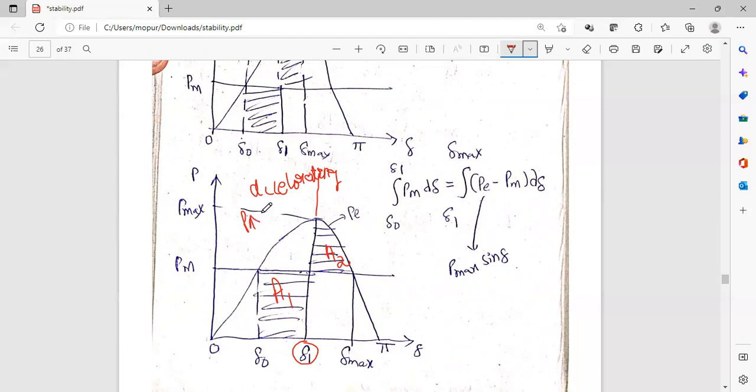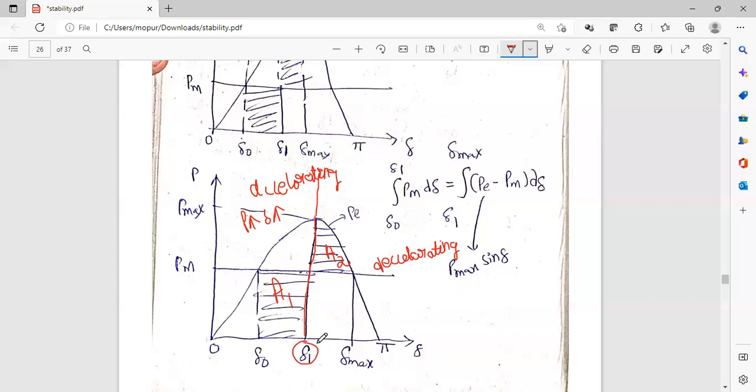So here it is accelerating. After the P max is reached, it is decelerating. Here it is the decelerating region. Now, if you see, this is the critical line which is separating the accelerating region and decelerating region.